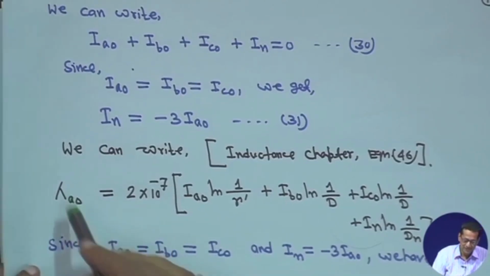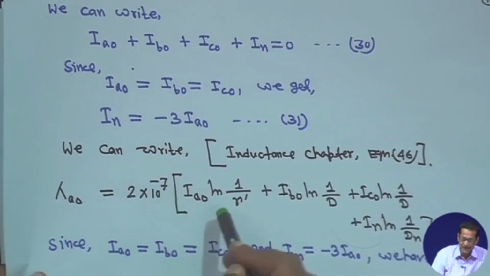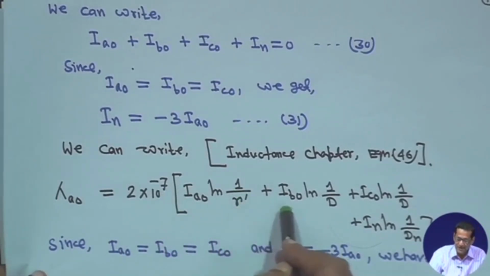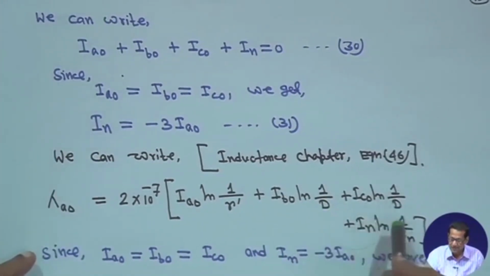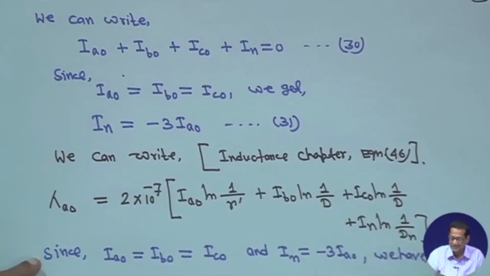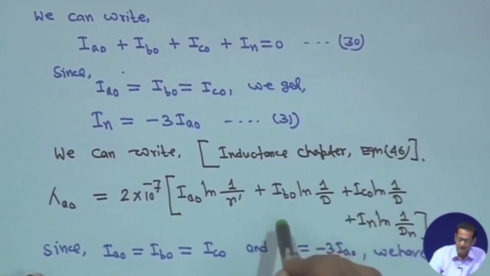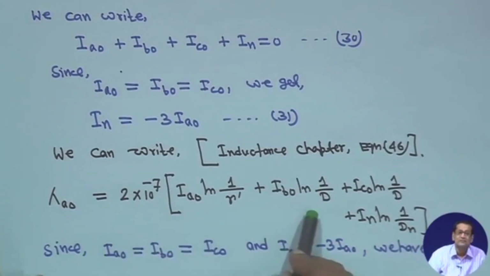So, lambda_A0 = 2 × 10^-7 (I_A0 ln 1/r' + I_B0 ln 1/d + I_C0 ln 1/d + I_N ln 1/d_n). This is equation 32. From equation 46 only, the same equation we are applying here. So, lambda_A0 is equal to this one.